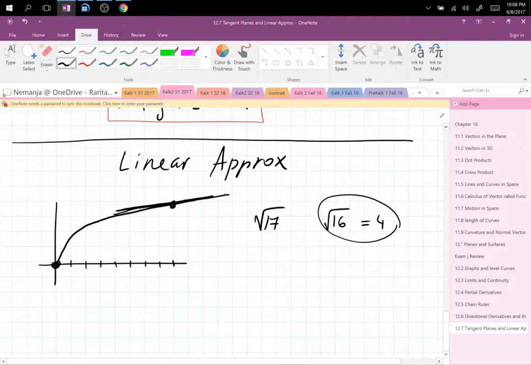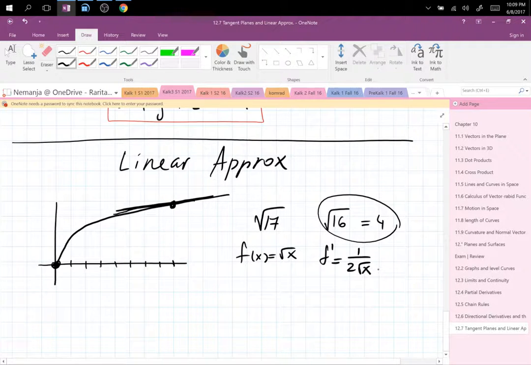The tangent line, as you can see, is almost the same as the function. So we computed 17 in the tangent line rather than in the square root because it would be easier. So we would assign f of x to be square root of x, and we would find the derivative, which would be 1 over 2 root x.